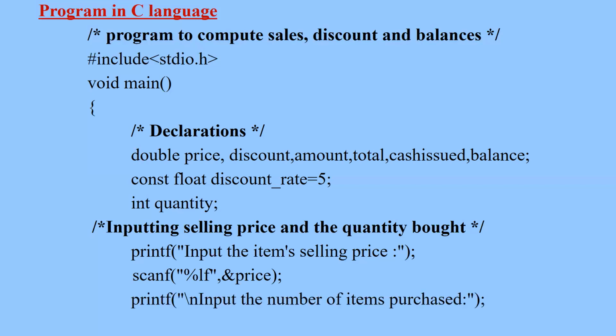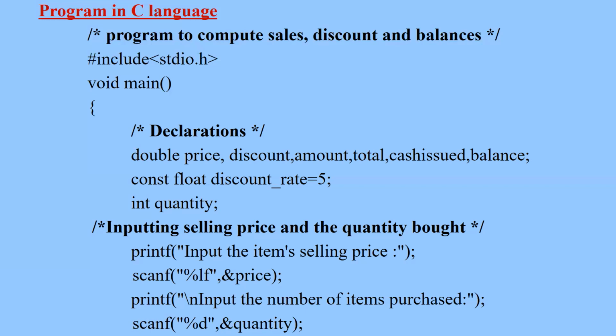Then we request again the user to enter the number of items purchased. How many items of that type have been purchased? For example, if someone has bought 5 breads and the person has entered the selling price of the bread as 50, and then the person has bought 5 breads, so the person will enter 5.